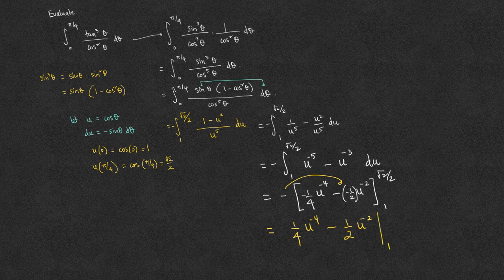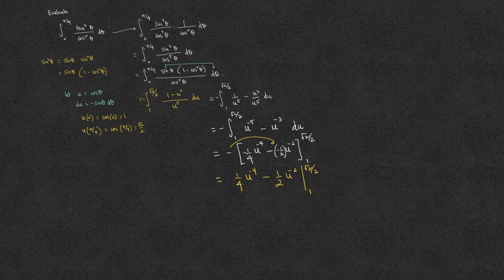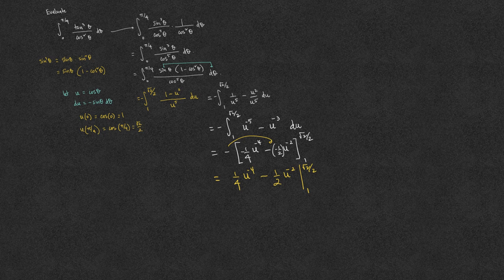We then plug in 1 and root 2 over 2. But before we plug it in, we should not write the negative power. This is 1 over 4 u to the 4th in the denominator minus 1 over 2u squared. Plug in 1 and root 2 over 2.